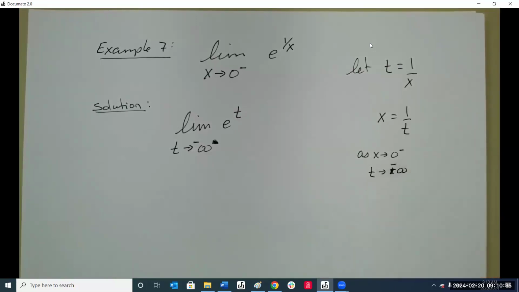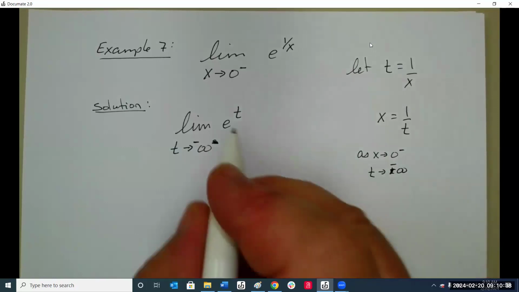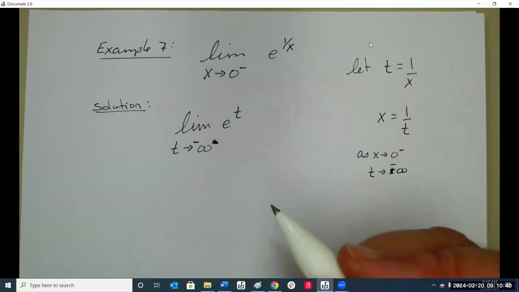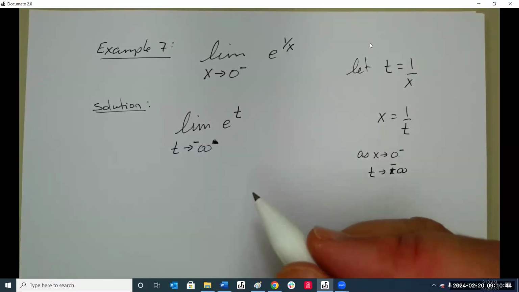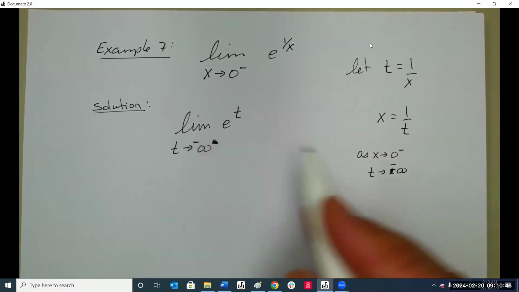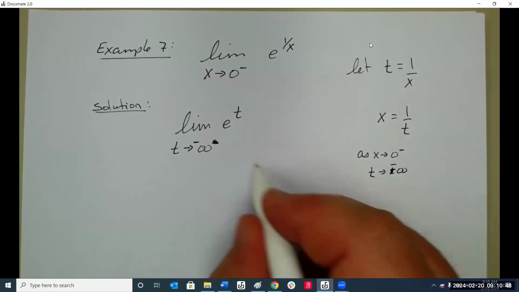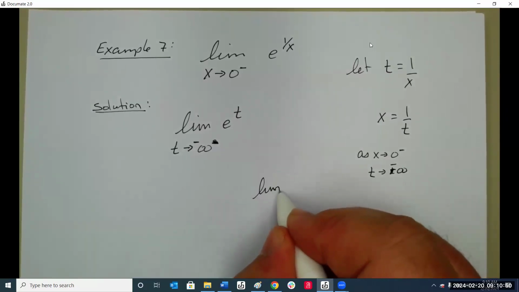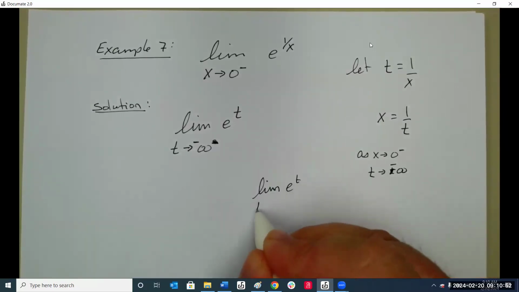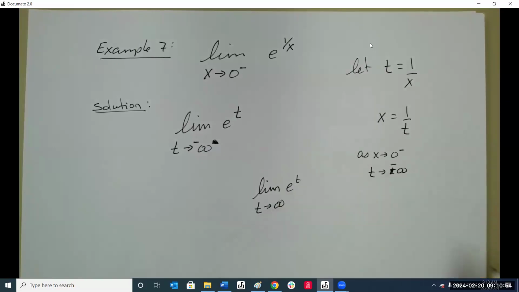Why does that matter? What is the limit of e to the power t as t goes to positive infinity?